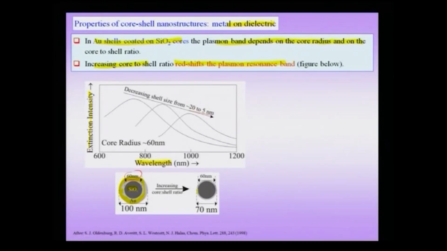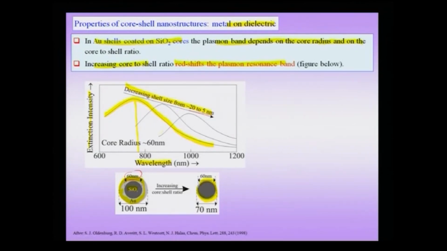I have taken up this example because this is right opposite of what we have been talking about so far, which is the blue shift. In other words, here when I am reducing the metal thickness of the shell around this dielectric core, I see that on decreasing the shell size there is actually a red shift. That means that when you have a shell which is thick, then the frequency peak lies close to about 800 nanometers.